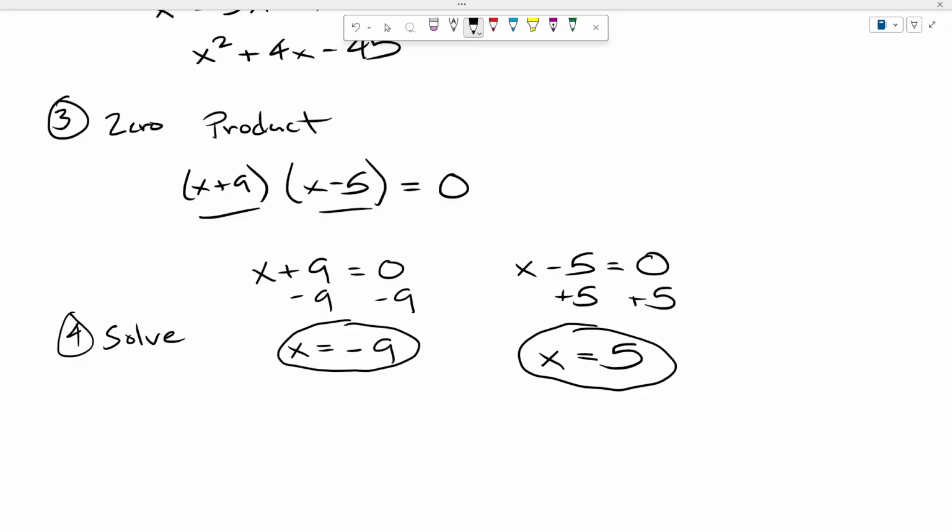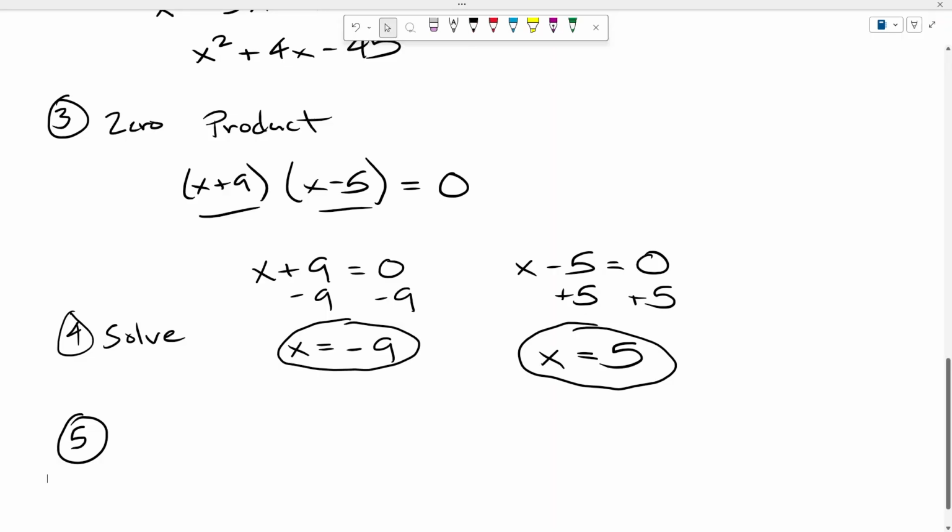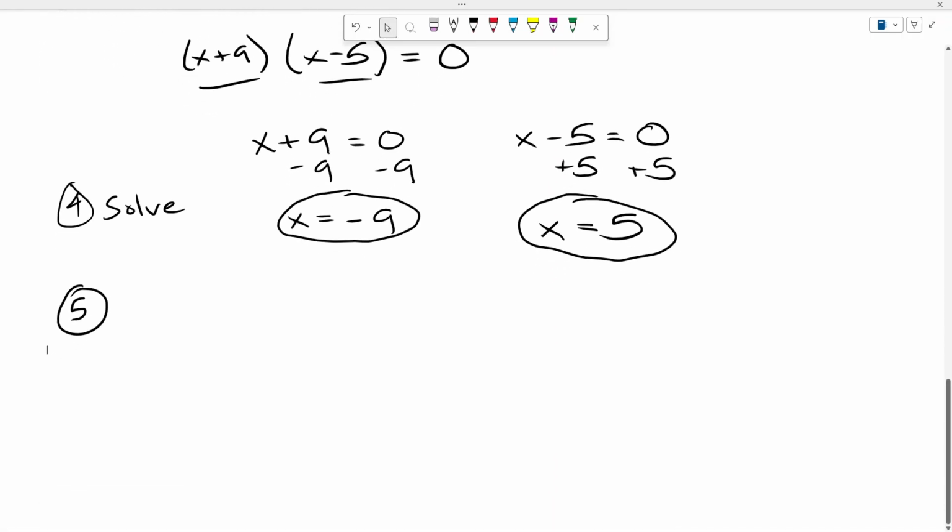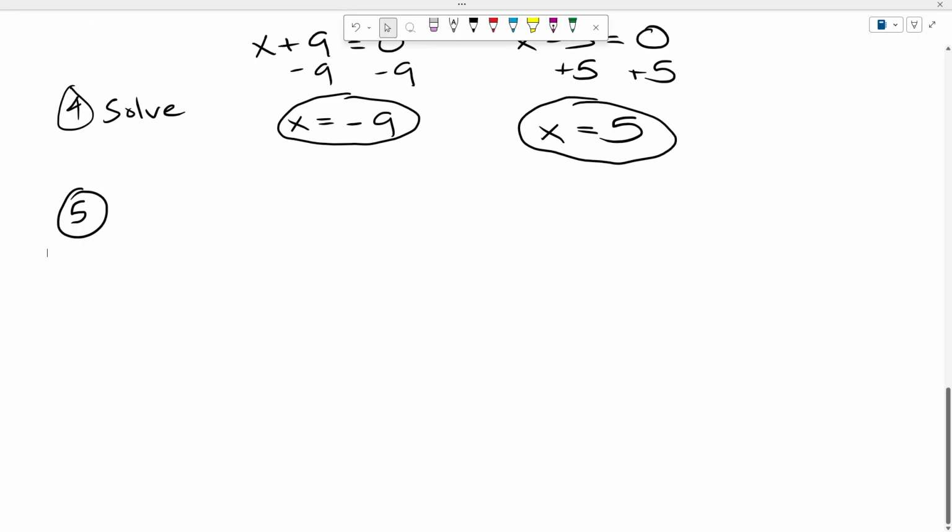And then it's never a bad idea, in your one final step, to check your solutions in the original equation. So our original equation was x squared plus 4x equal to 45.